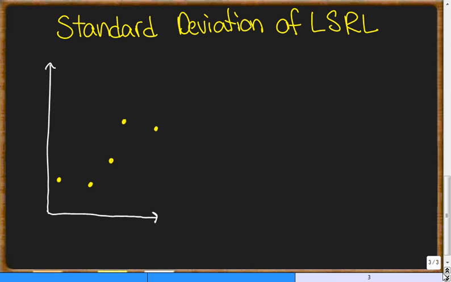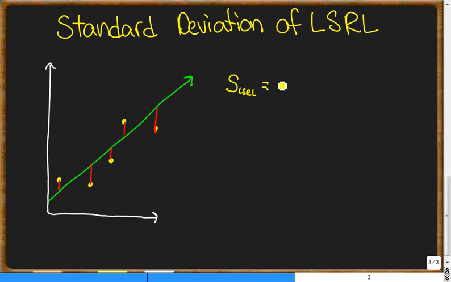Lastly, when we talk about the standard deviation of our least squares regression line, that's going to find the standard error off the line. So how much are we missing off this line? I will draw this one more time, and we look at our residuals, because this again involves our residuals. The standard deviation of our least squares regression line is a formula.